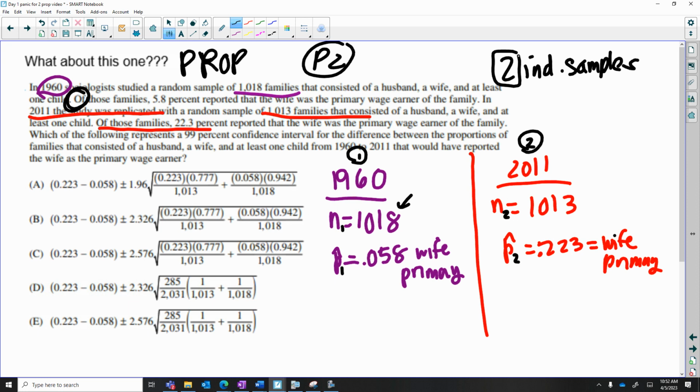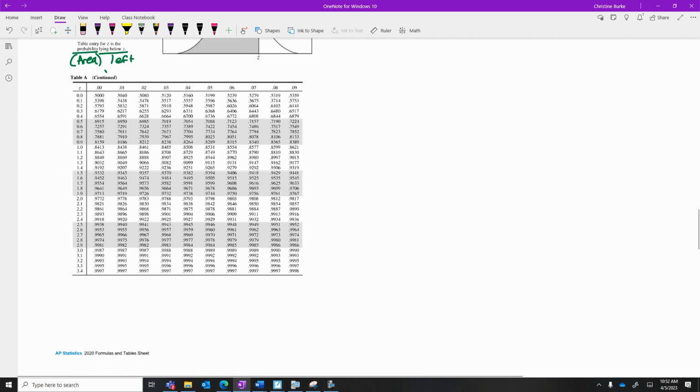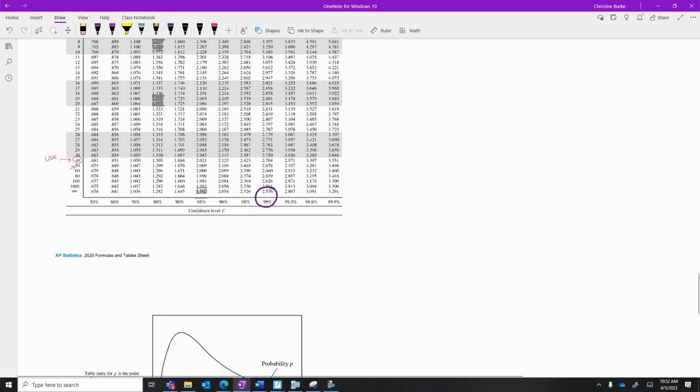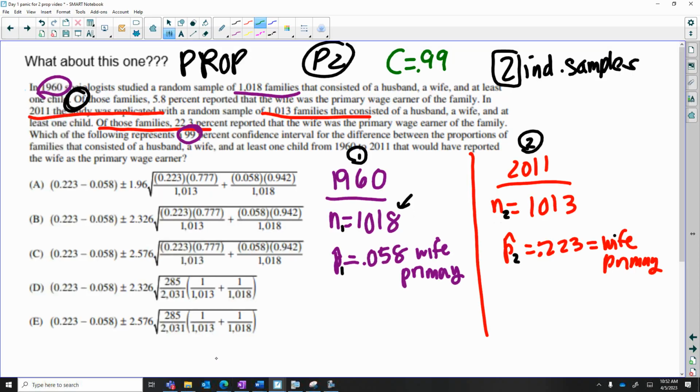Remember, with proportions, we use Z. If you look further, it says a 99% level, so that's the confidence level. If you look up the Z star for the 99% level, we see that it is 2.576. So right away, you know that Z star equals 2.576.